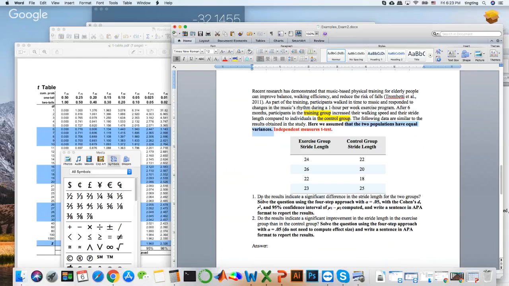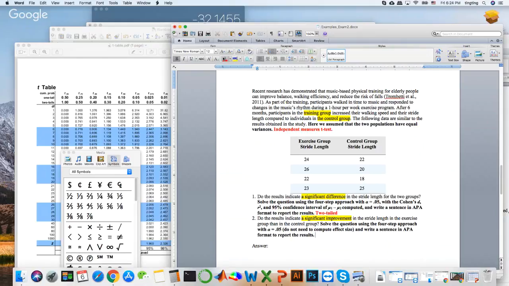Okay, so let's take a look at the questions. What's the difference between these two questions? So other parts are very similar, just this part is different. Significant difference, significant improvement. Very similar to what we have in the previous questions. So here, this is a two-tailed test, right?